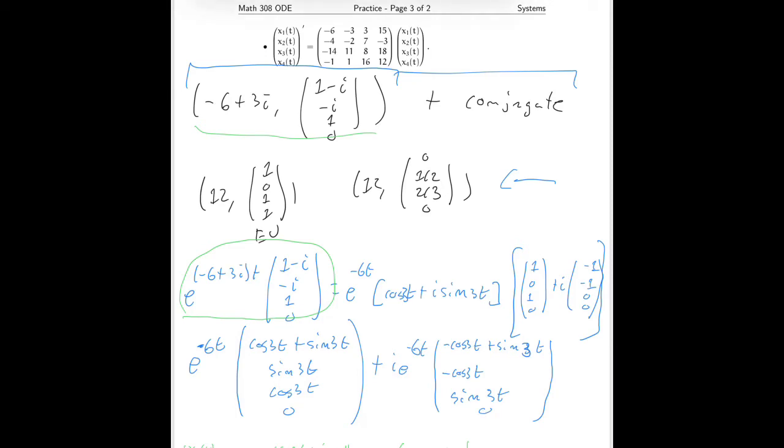Okay, and now we're going to add the part that corresponds to the eigenvalue 12, with the generalized eigenvector.